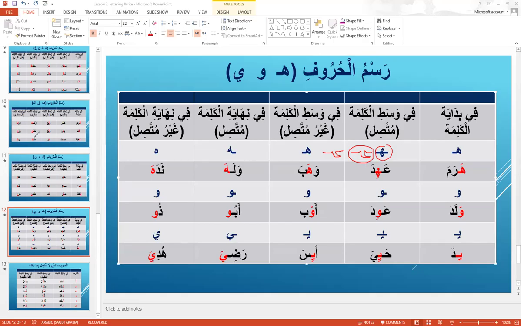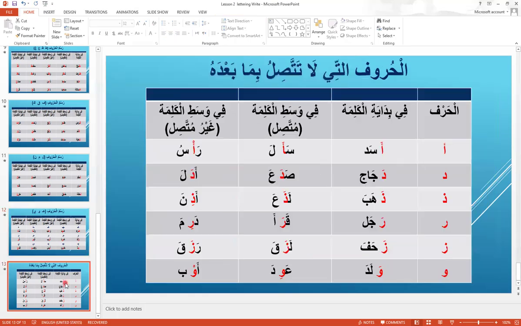So we've taken all the alphabets, but let's quickly recap the 6 alphabets that don't join. These are the 6 alphabets that don't join on the left side by default. The first is alif or alif hamza.